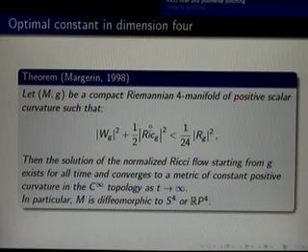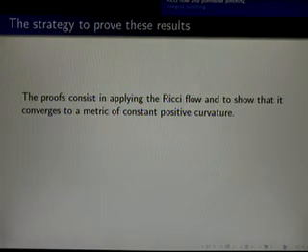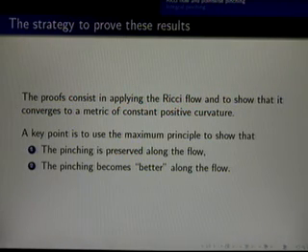So the proof of this result, so of all the results I just presented, follows some strategy.